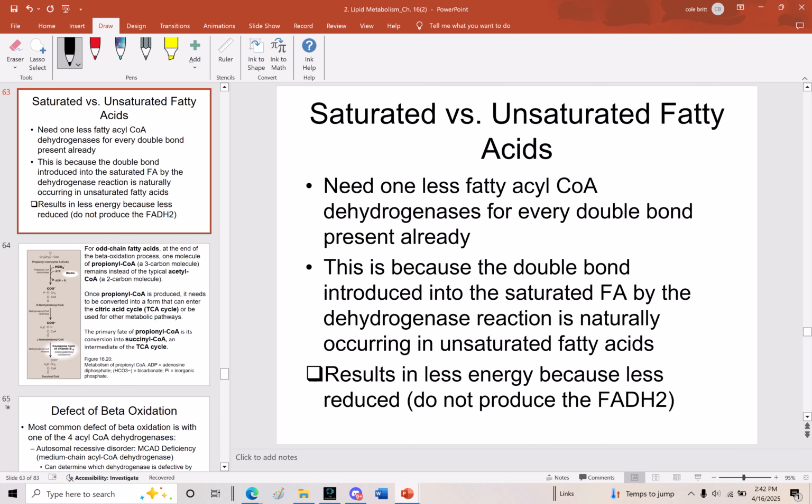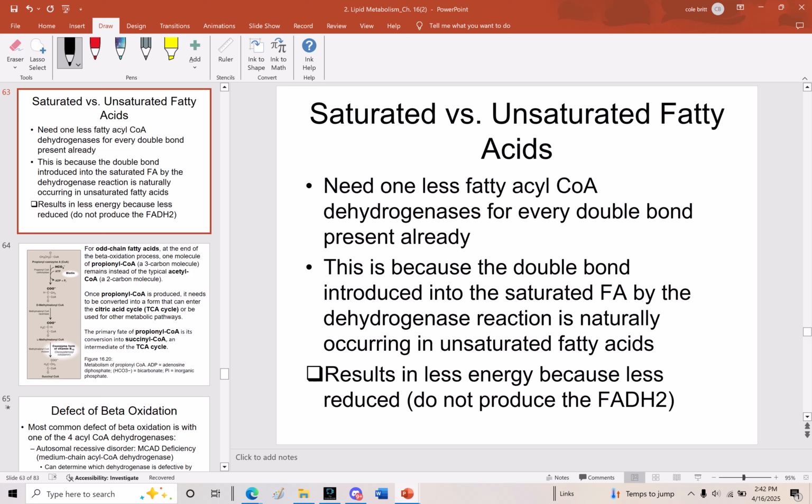Saturated versus unsaturated fatty acids. So remember, you can use either for beta oxidation, but an unsaturated fatty acid will not make as much ATP or as much acetyl-CoA. You need one less fatty acyl-CoA step for every double bond. Remember, unsaturated are the ones that have double bonds. Every time you have a double bond, you don't have to do that first step.